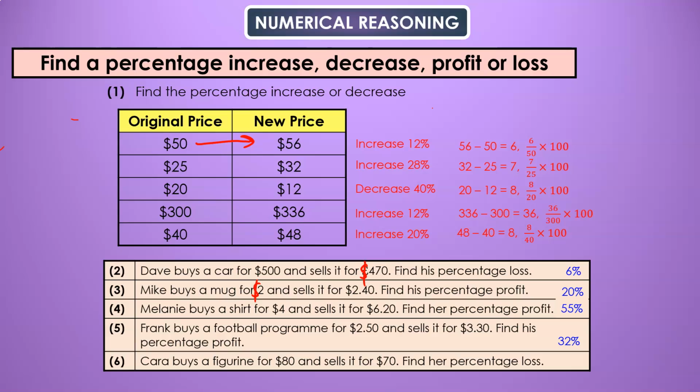It's 80 cents more, so his percentage profit is 32%, a 32% increase. Kara buys a figurine for $80, sells it for $70. Find her percentage loss. She lost $10, so $10 of $80 is equal to 12.5%.